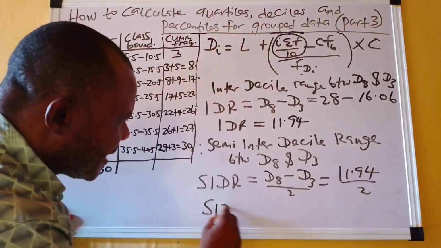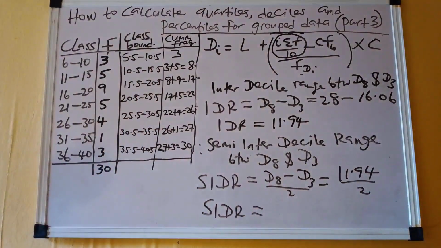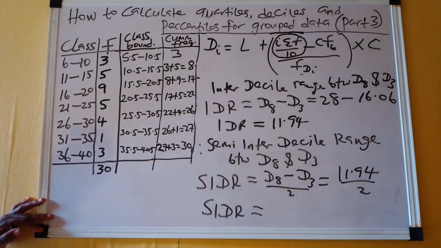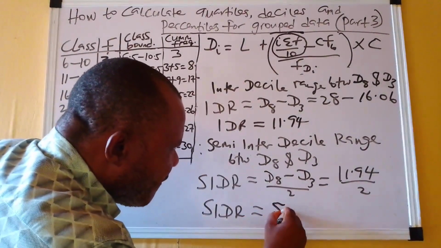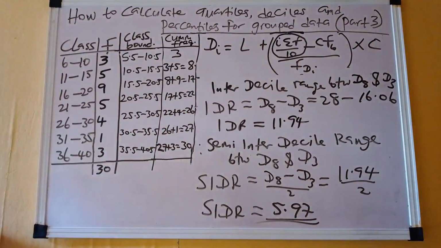So our semi-interdecile range between D8, the 8th decile, and the 3rd decile is 5.97. That's how we calculate the interdecile range.